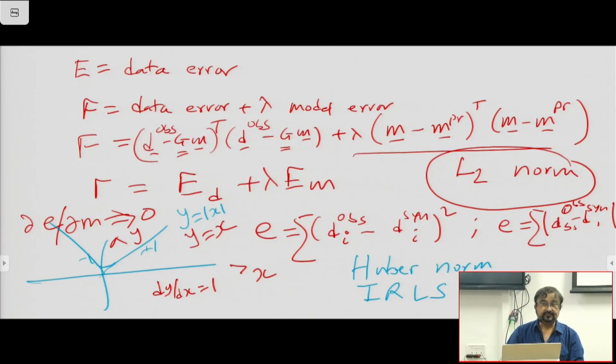They were all best fit lines, but using different norms. Good. So that means L1 was least sensitive to outliers, right? So if I want to get rid of some outliers, then I should be using the L1 norm. I could actually put an L1 norm on the model also if I want to eliminate some of the spurious model parameters.